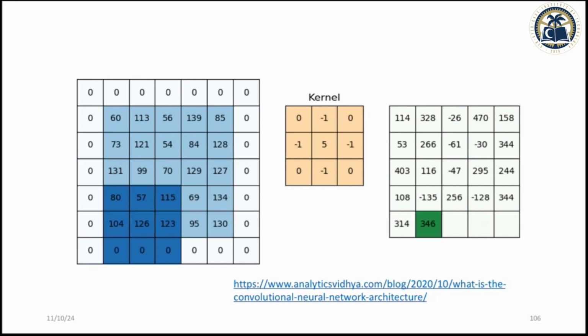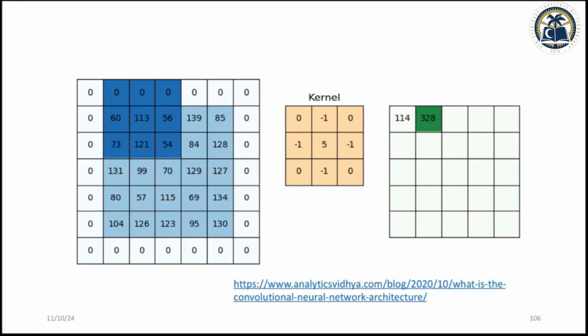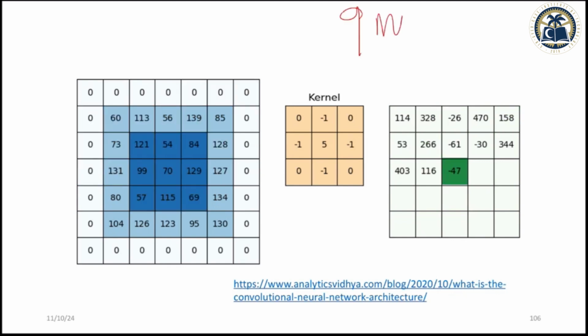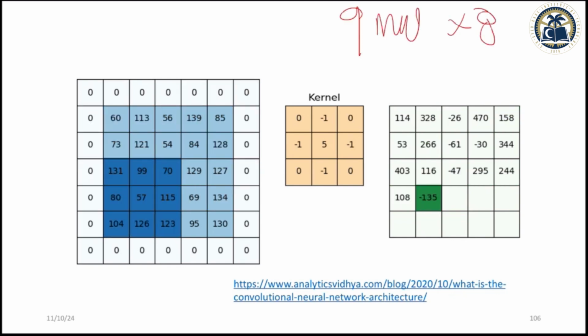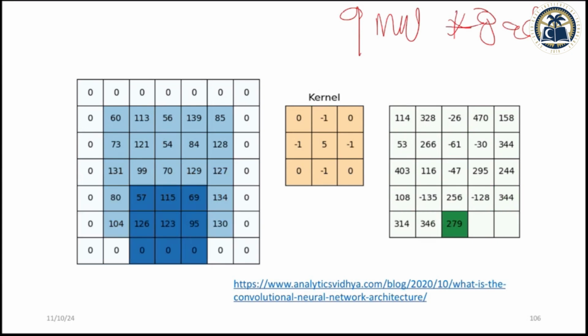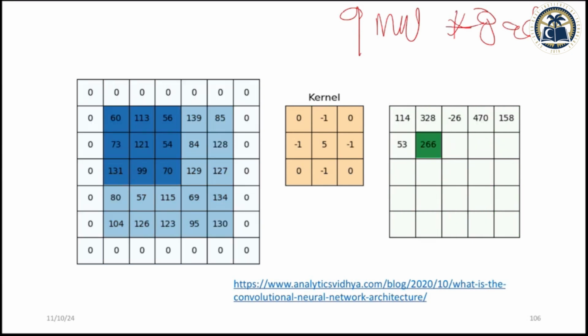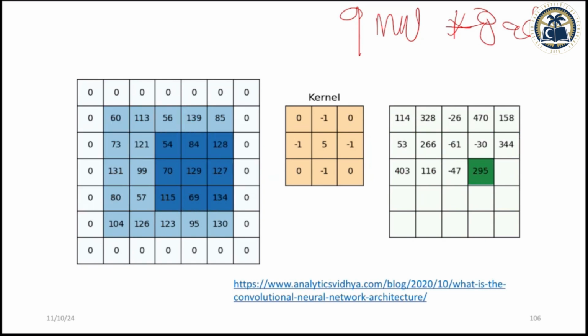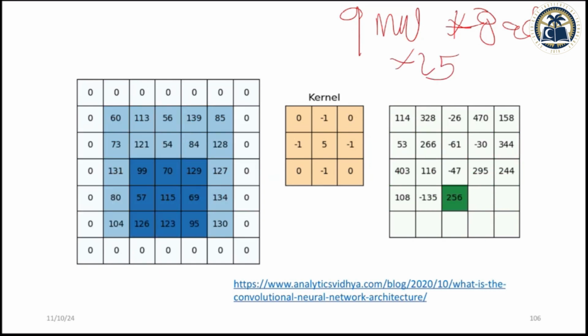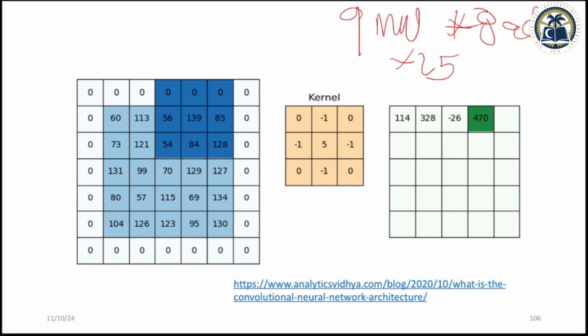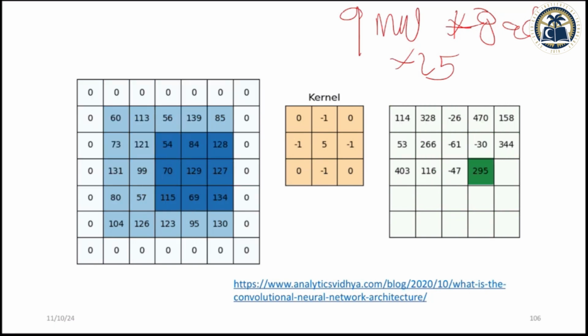And then every time it is moving, 9 multiplications, 8 additions, again and again, for every time it is on a pixel. So how many pixels are there? 1, 2, 3, 4, 5, so 5 into 5, 25. So 9 multiplications into 25. Those many multipliers only for one kernel.